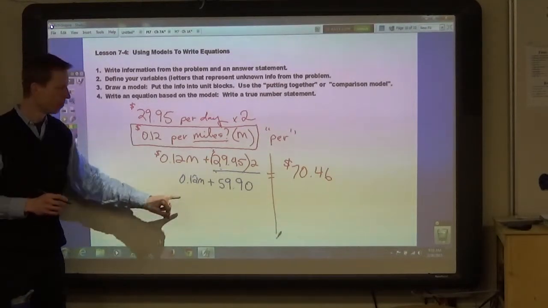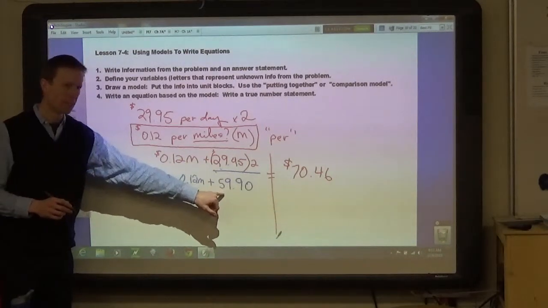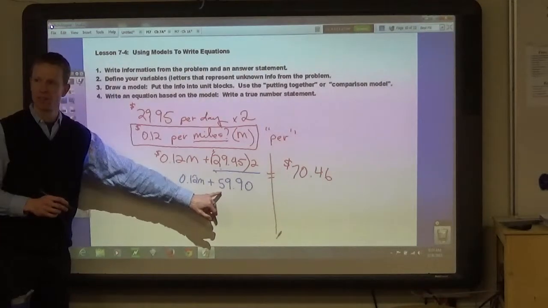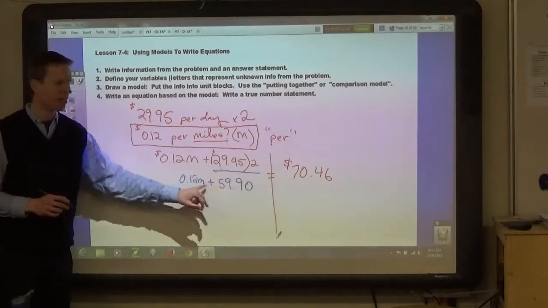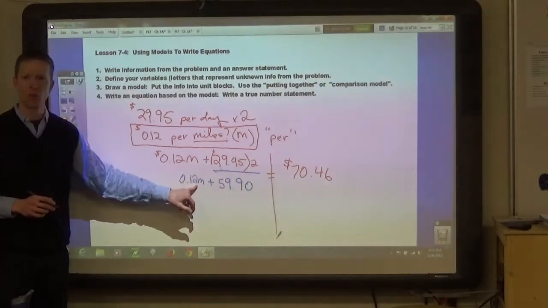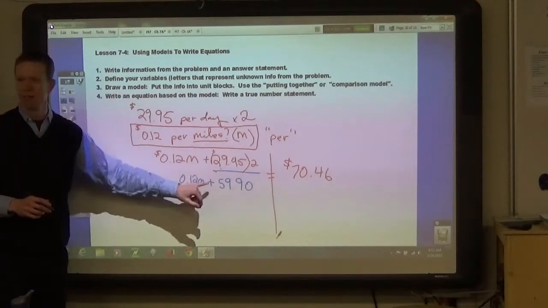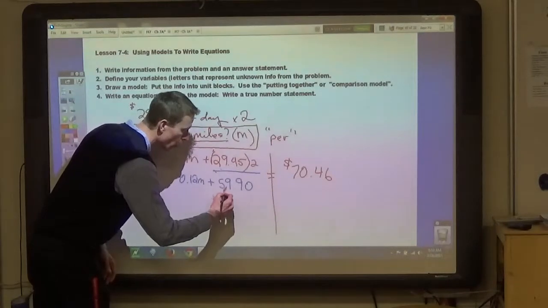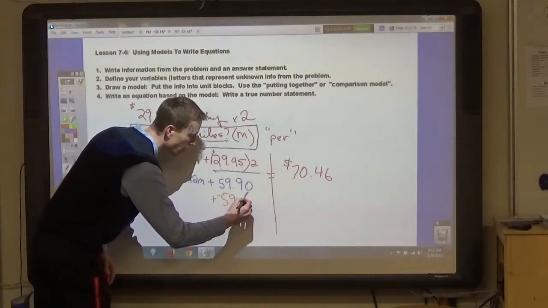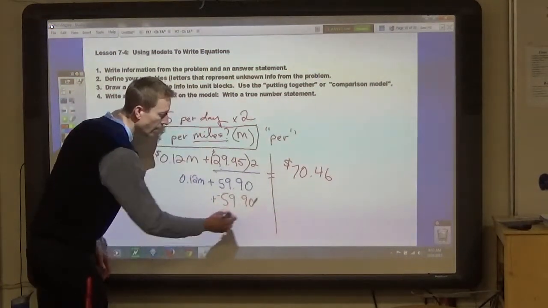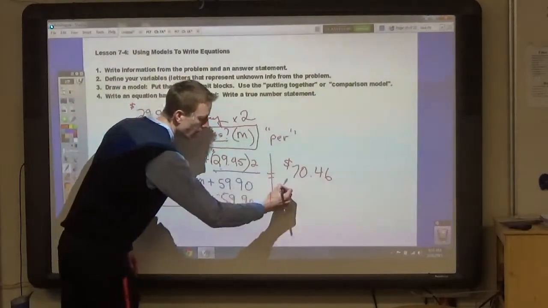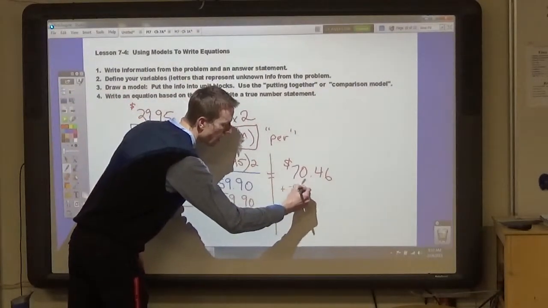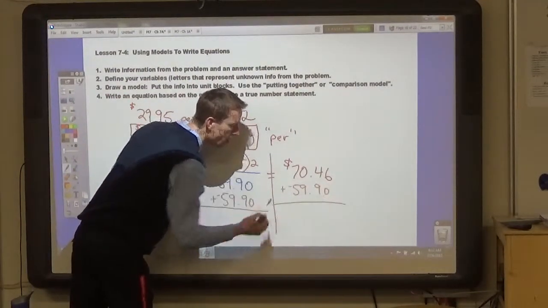Michael? You divide by 0.12. Well, what about this? If we just divide, no. What do we have to do? Add negative 59.90. Yeah, we have to add negative 59.90. We have to get rid of this 59.90 first on this side, and add the negative 59.90 on this side.